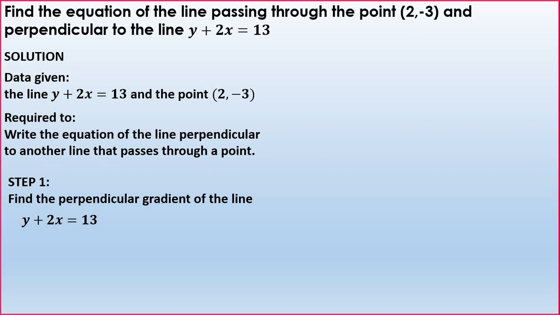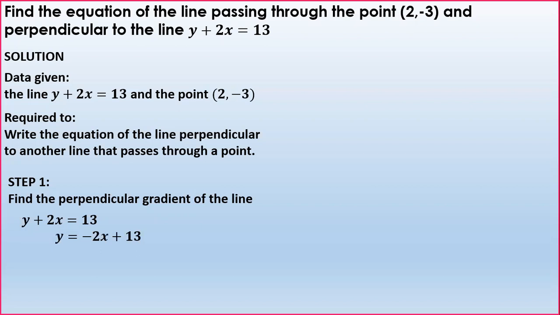Let us begin. To find the perpendicular gradient of the line y plus 2x is equal to 13, we have to first write the equation in slope-intercept form, which says y is equal to mx plus c. To do this, we need to make y the subject. To make y the subject, we are going to subtract 2x from both sides.